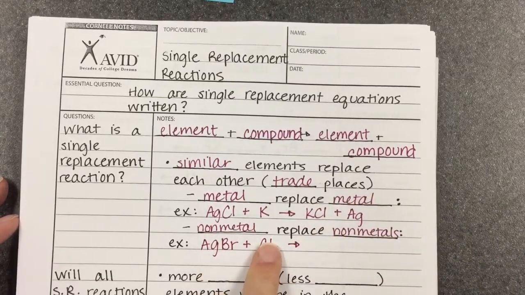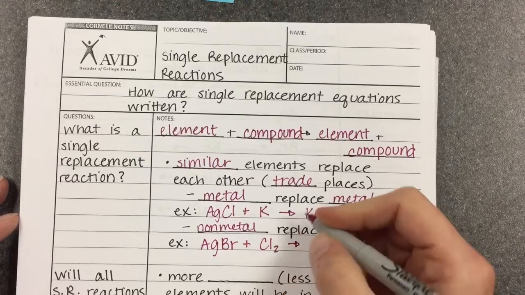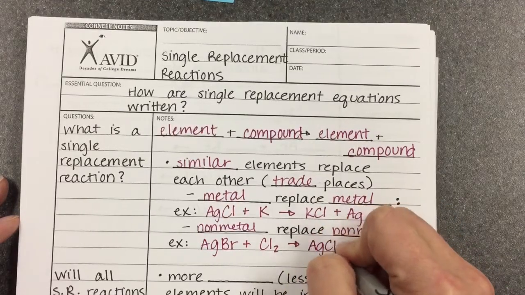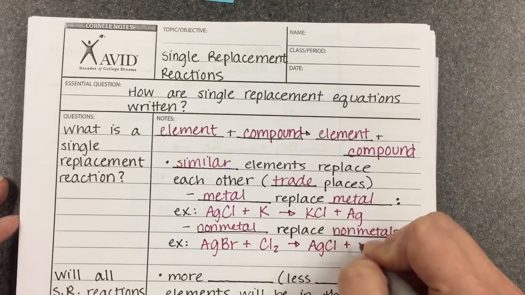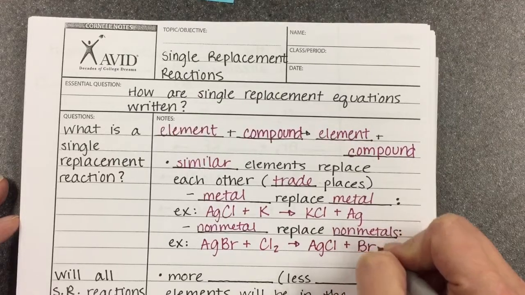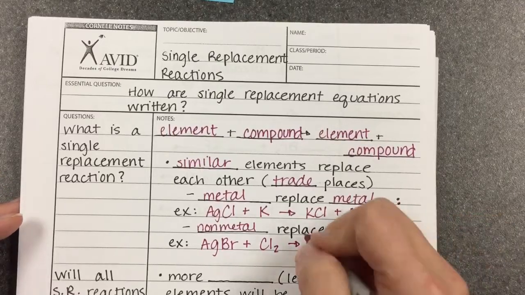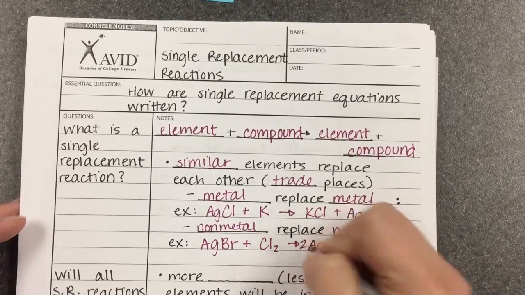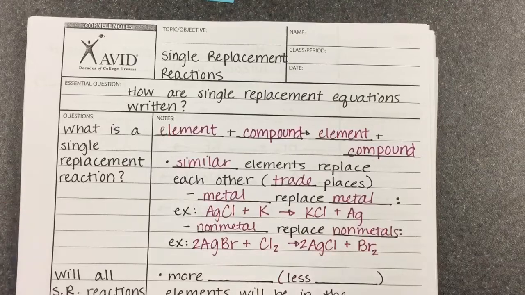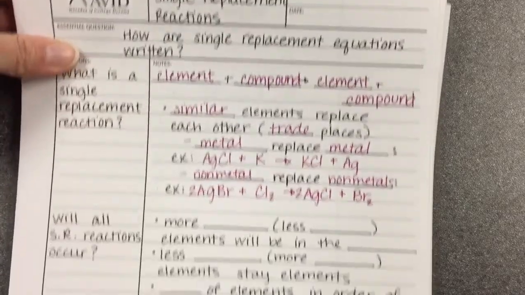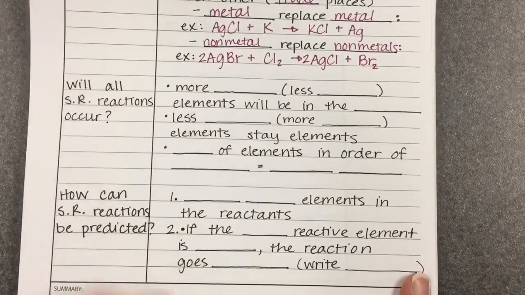The two nonmetals would switch places. Chlorine also has a charge of -1 when it bonds, so I would get silver chloride. And bromine would be the element by itself, and it is also a diatomic. Now notice that this equation is not balanced, so I would have to go through here and put coefficients to balance the equation after all the formulas have been written.